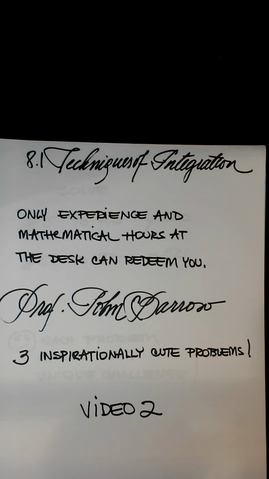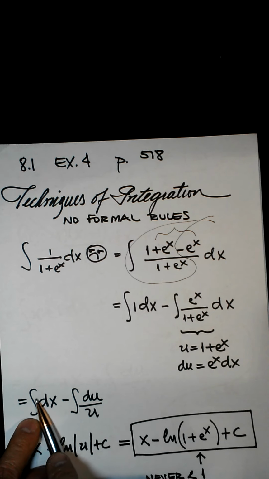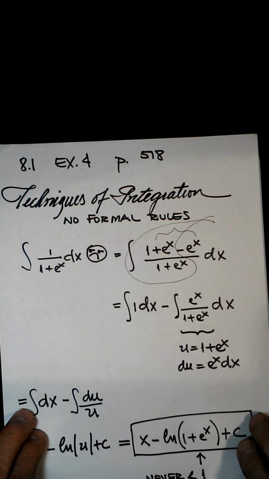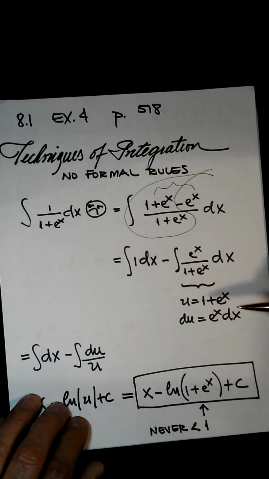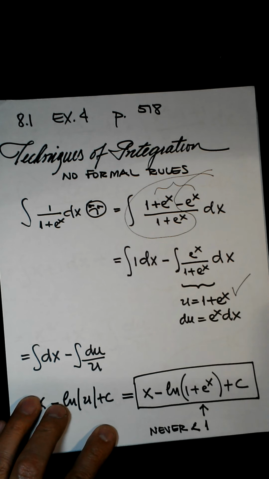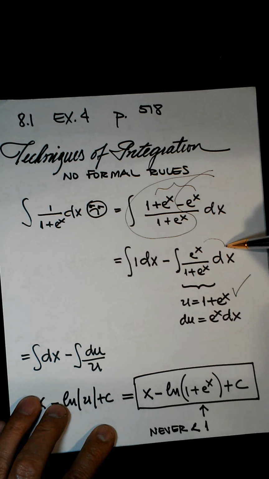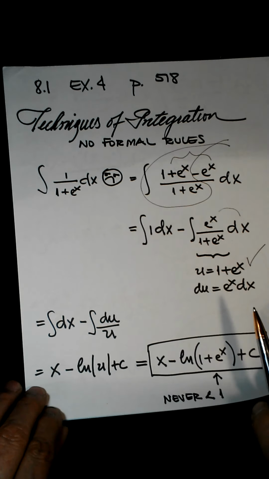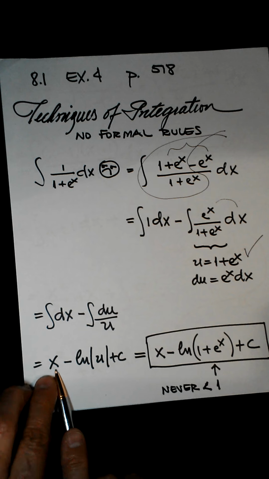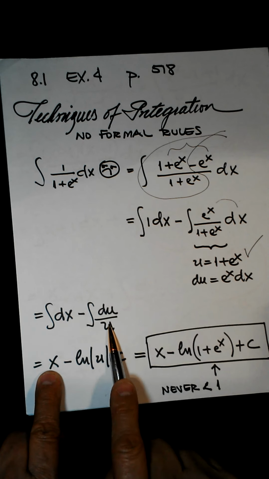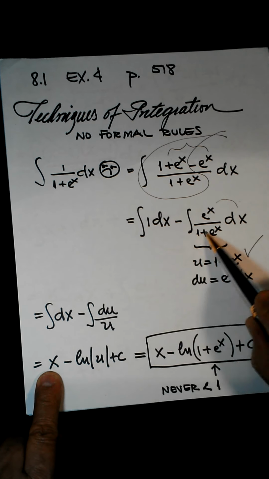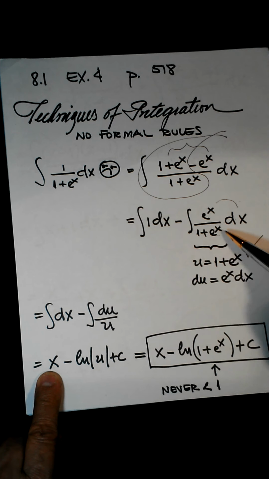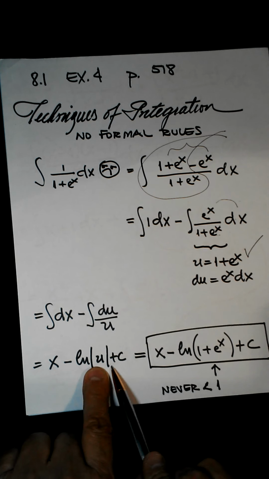So we know what this is going to be. This 1 dx is simply dx, right here. And what is this going to be? Well, now the denominator is u, and the du is e to the x dx. Integrating the first integral, we get x minus du over u, which is log natural of absolute u.